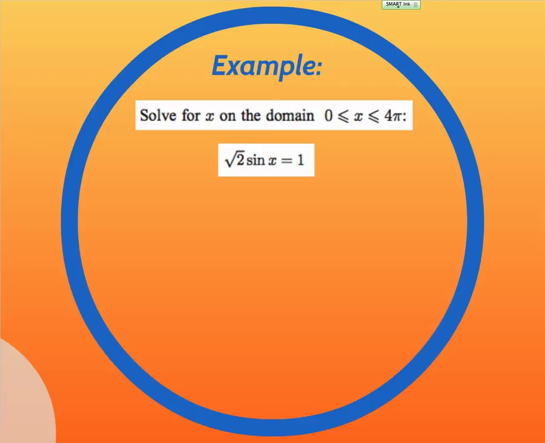Okay, so here's another example. We'll solve for x on the domain from 0 to 4 pi, and my equation's a little bit different. It's root 2 times sine of x equals 1. There's going to be 2 different things we have to look at that are a little bit more work than the last example.